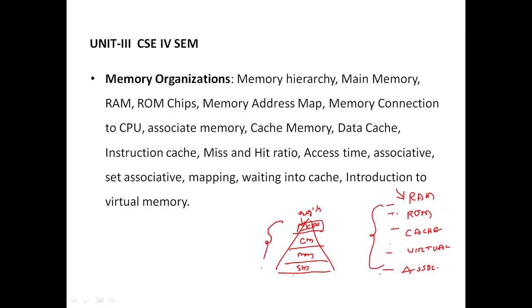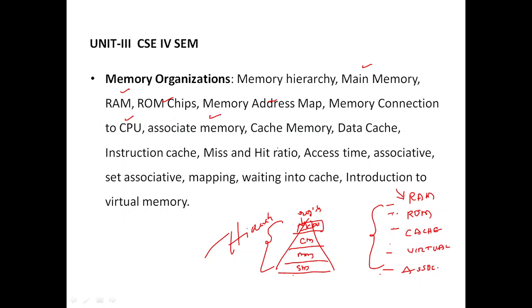So this we call the memory hierarchy. Why so many memories, we will study in detail. You will study the main memory and RAM, ROM, memory address map, memory connection to CPU, how we connect the memory to the CPU, and associative memory.